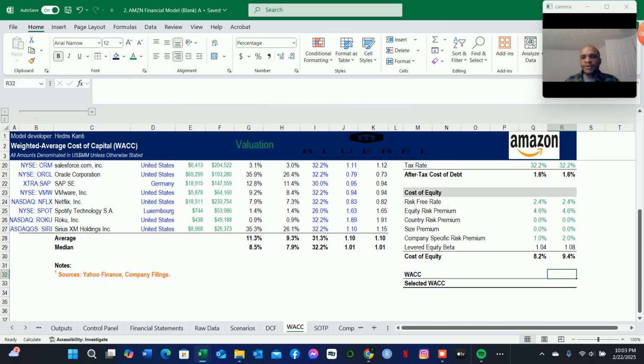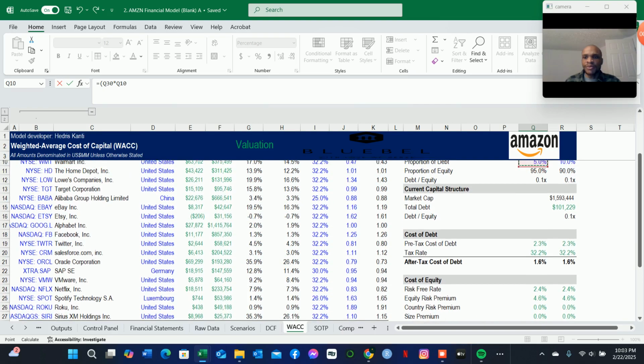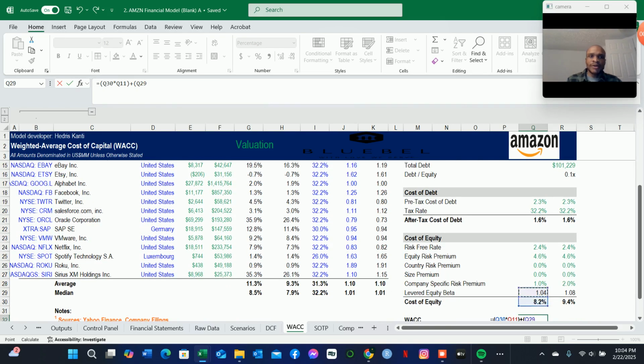Our WACC is going to be equal to, as we said before, we have to weigh the cost of equity. We take the cost of equity and weigh it by multiplying it by its weighting here of 95%, close the bracket, and we add the weighted after-tax cost of debt.